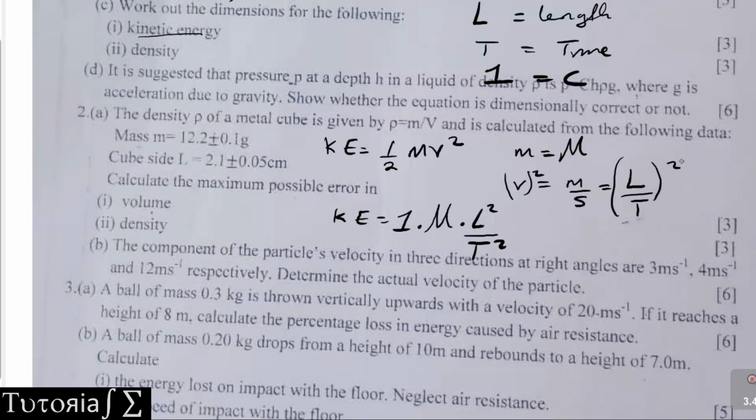So we can distribute the L and the T there. So we can finally write it: kinetic energy is 1 times everything there, so it will be capital M times L squared over T squared.